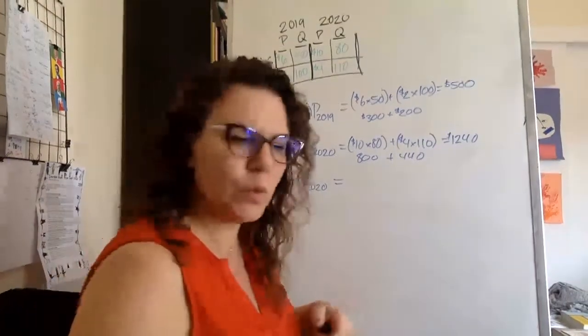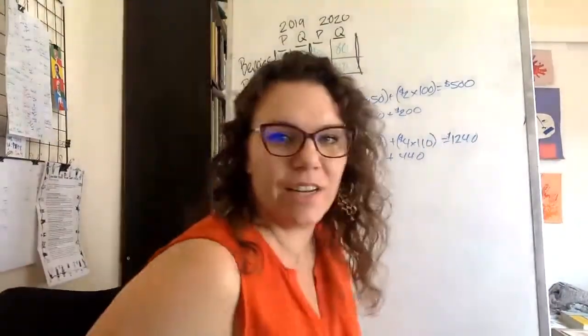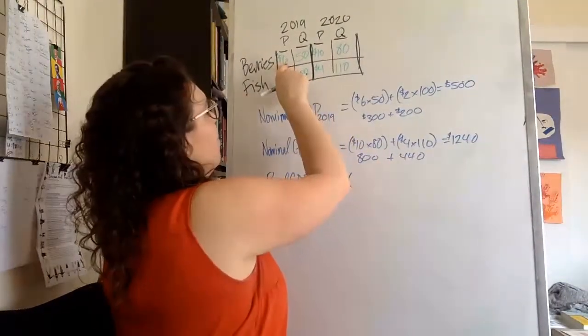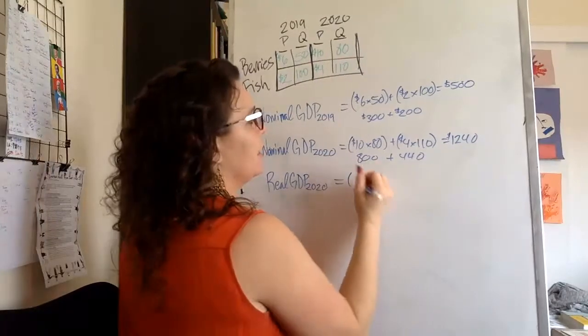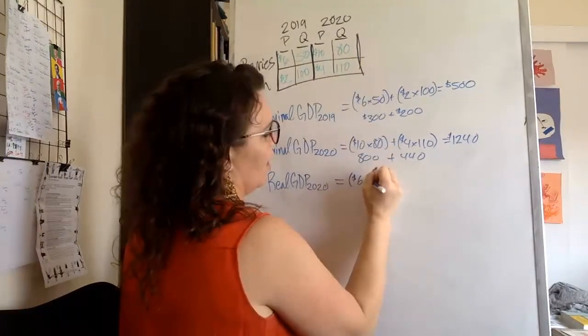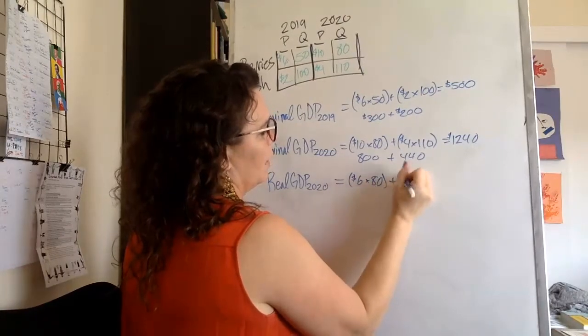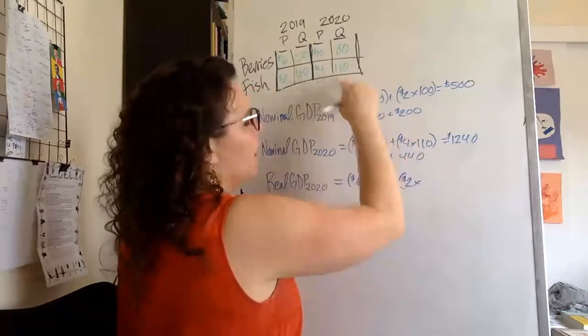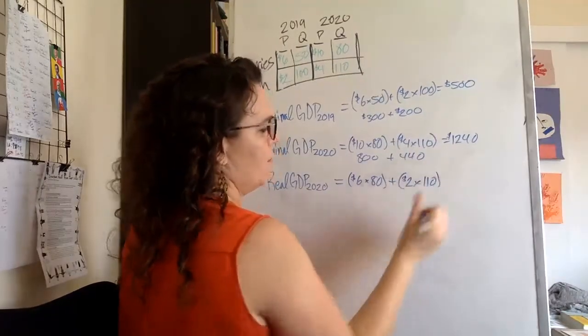We want to look at just the productivity, not the changes in price. So we're going to use the value of berries in 2019. The market value of berries in 2019 was $6, and in 2020 we had 80 of them. Plus the market value of fish in 2019 was $2, and we produced 110 of them.